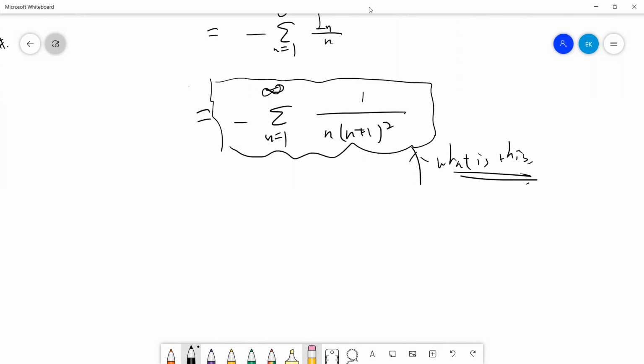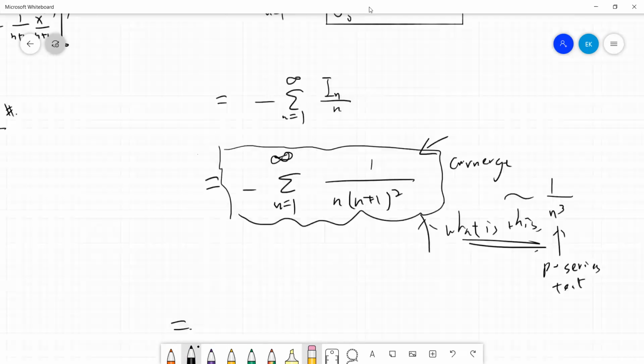From here you know that this sum converges. The reason is that when n grows very large, this is basically 1 over n cubed, so by the p-series test this sum must converge. By the way, sorry, I forgot there is a minus here, so it's plus.